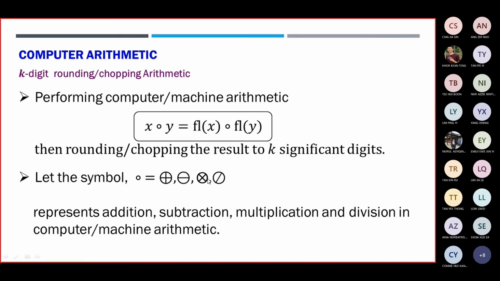So always remember this form. When you see this form, it means this operation is done by a machine or computer. Always remember that.